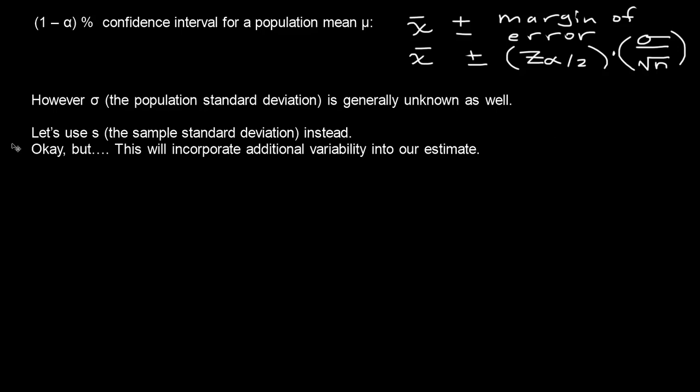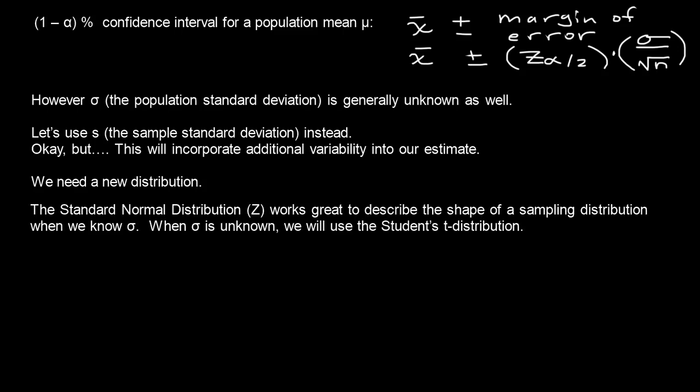Well, yes, that would be great. However, this does come with a little compromise, because the sample standard deviation is going to incorporate additional variability as opposed to if we had just used sigma. So to account for this additional variability, we're going to need to use some new distribution that's called the t-distribution.